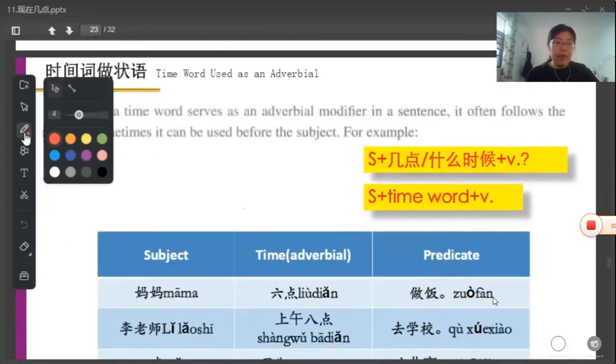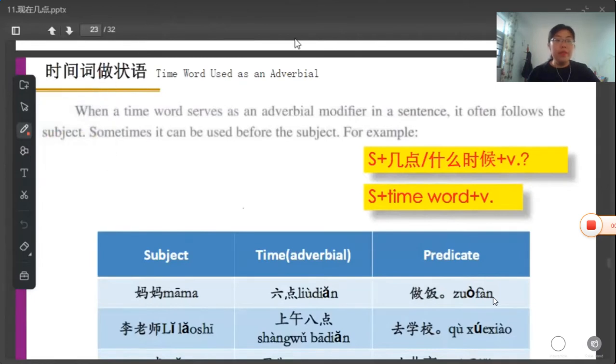Okay, now let's go on. We learn the new content. 时间词做状语, time word used as an adverbial. When a time word serves as an adverbial modifier in the sentence, it often follows the subject.